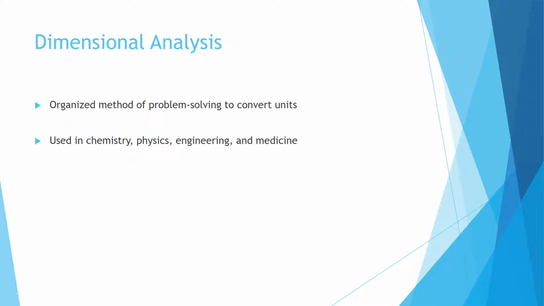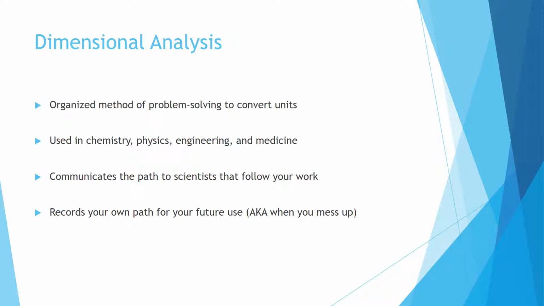You're going to have to convert them. So this is an organized method to do that. It communicates our process to other scientists and to ourselves that we can follow to make sure that we don't mess up. Or if we do mess up, catch ourselves.